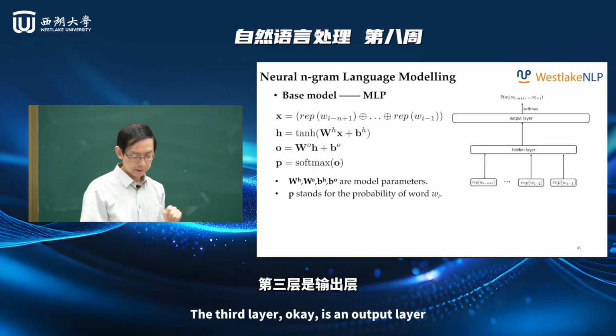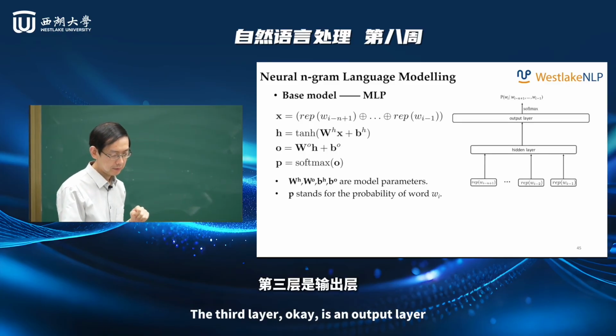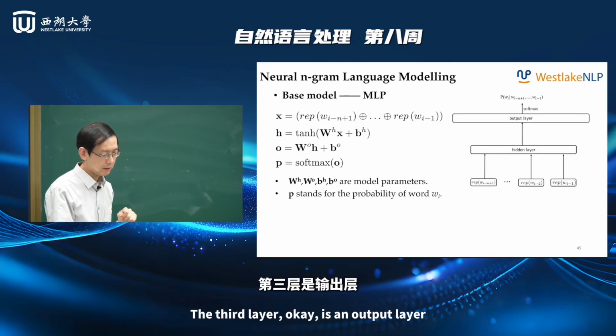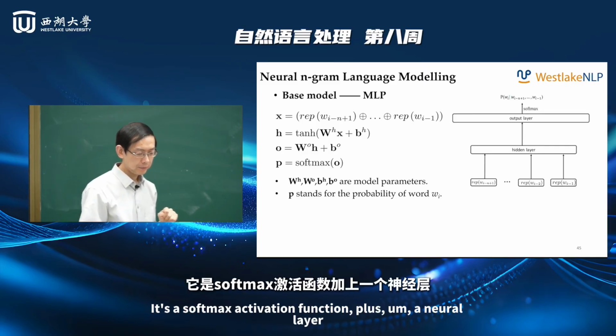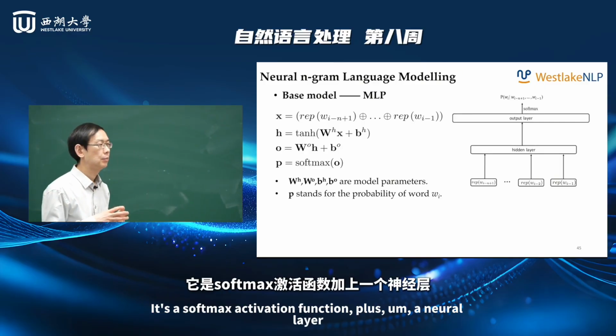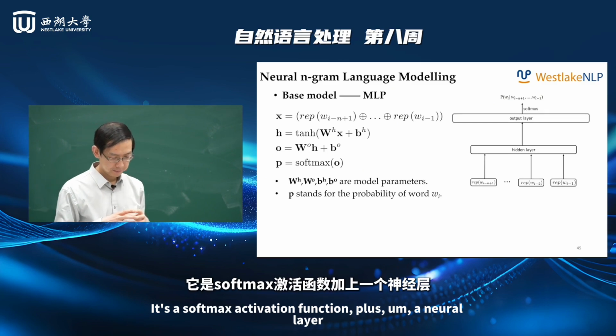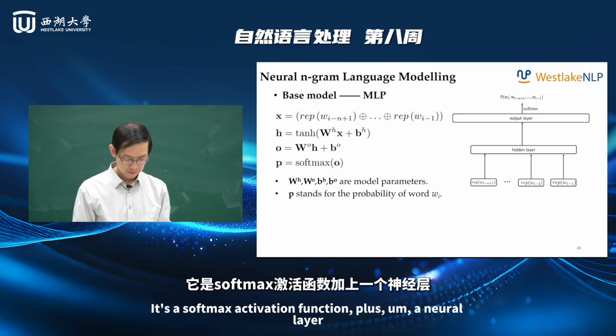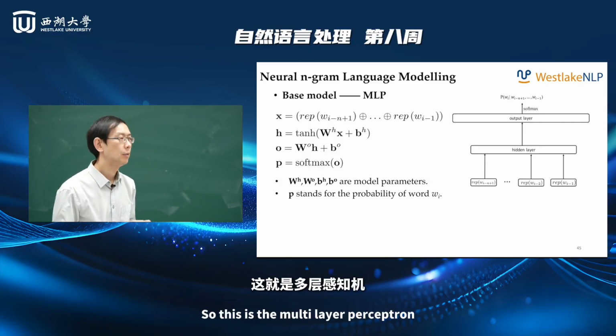The third layer is an output layer. It's a softmax activation function plus a neural layer. So this is the multi-layer perceptron.